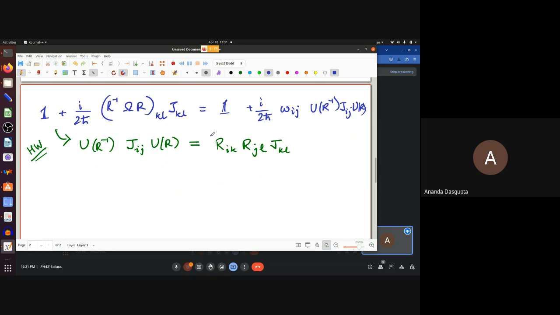But this fact that the J_ij's, when you rotate your coordinate system, change to a linear combination of the J's with two factors of R in front, what does it tell you about the J's? What kind of an object has this transformation rule under rotations?